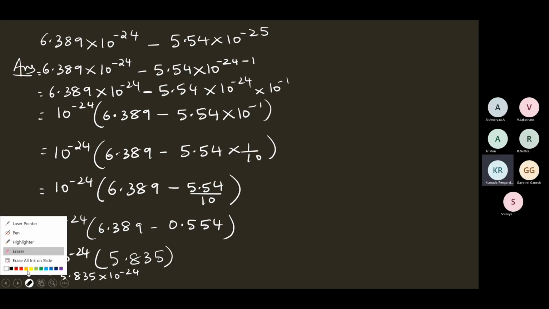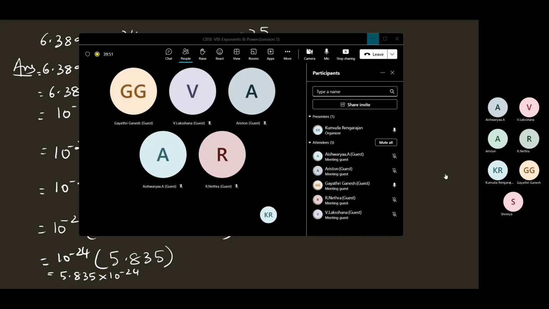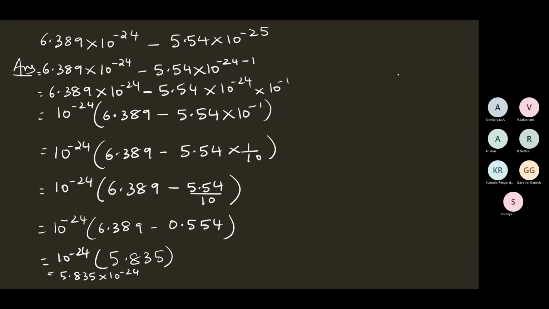Any questions now? Gayatri, Ariston, Aishwarya, Netra? I was actually confused at the step where you subtracted with 10 to the power minus 24, but now I understood. All right, dear.